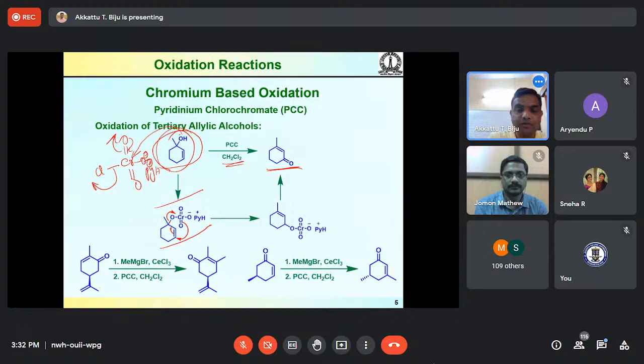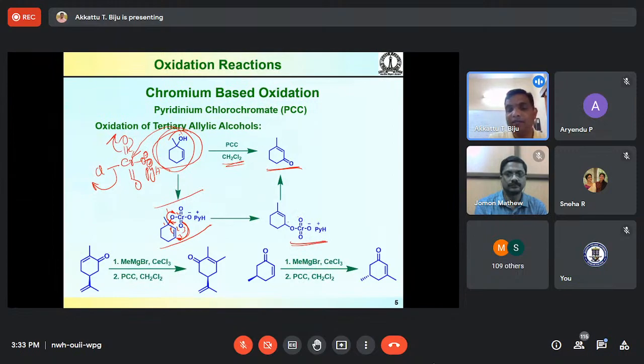Say, for example, you are cleaving this carbon-oxygen bond: 1, 2, chromium is 2, oxygen is 3. So a 3,3 sigmatropic rearrangement cleaving the carbon-oxygen bond will make this intermediate.